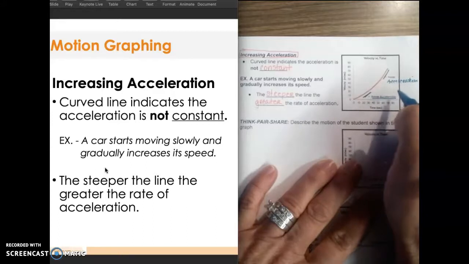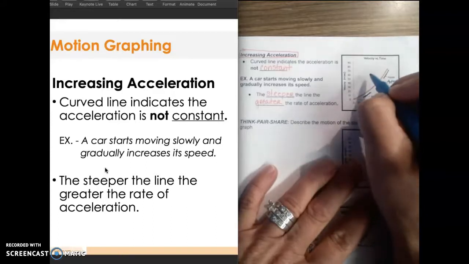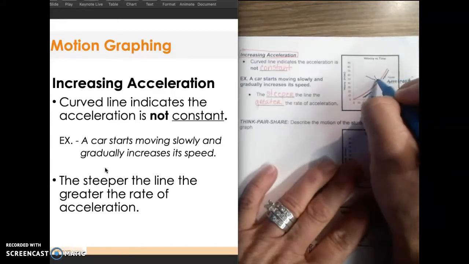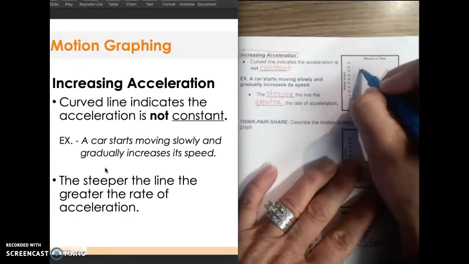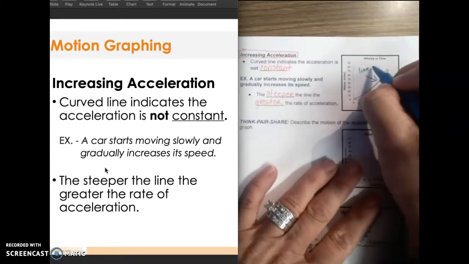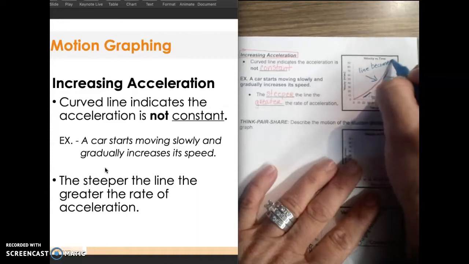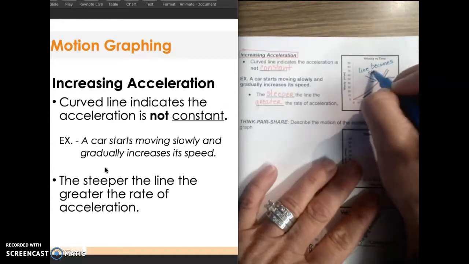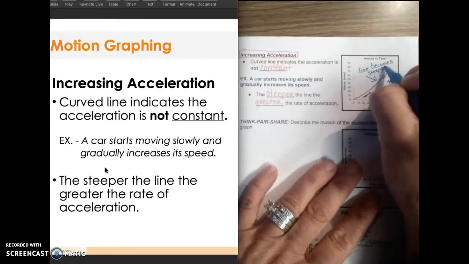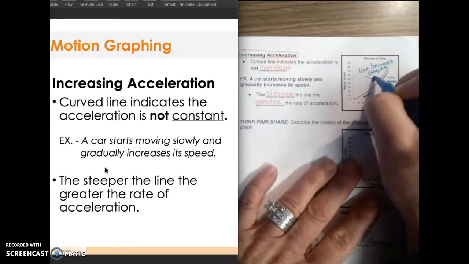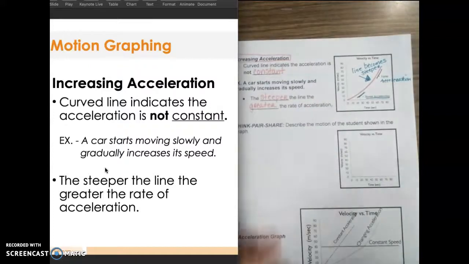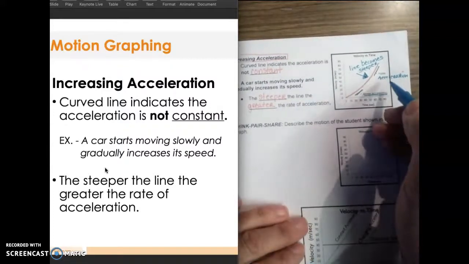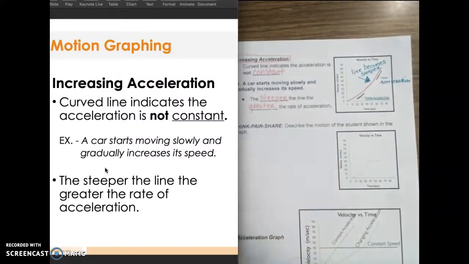And the reason is that the line got steeper. Okay, so that's why we have faster acceleration. The line becomes steeper.